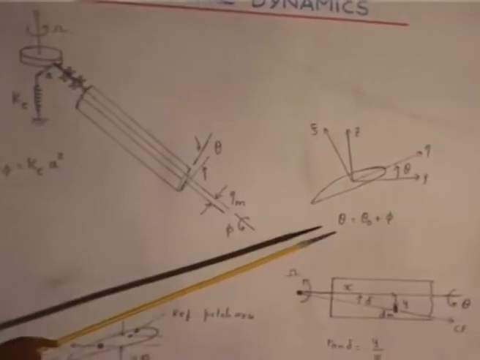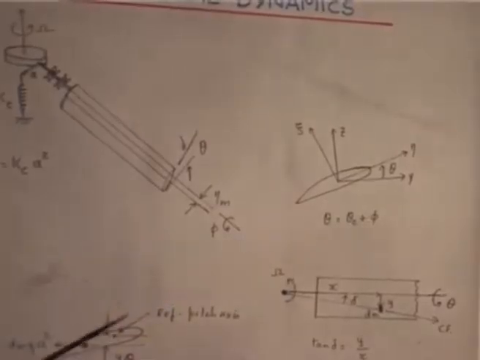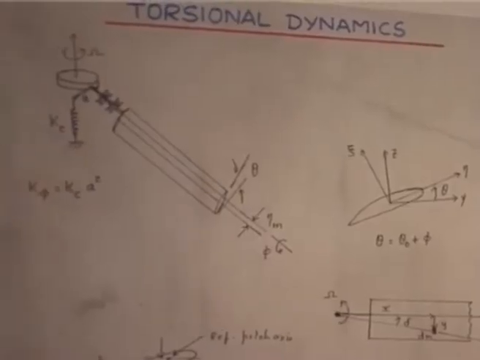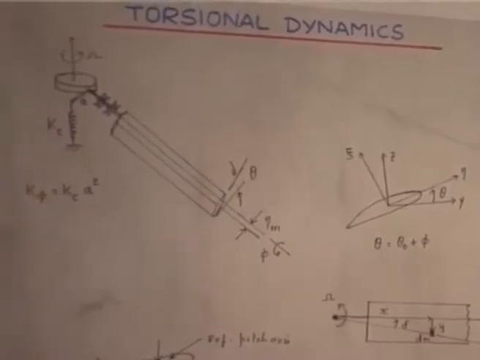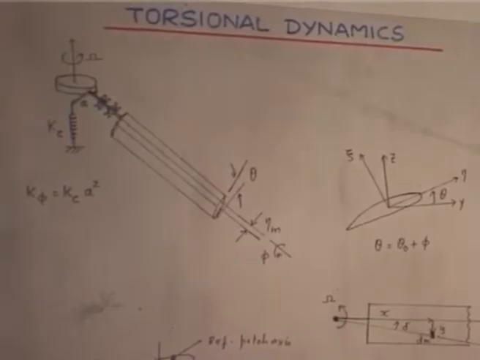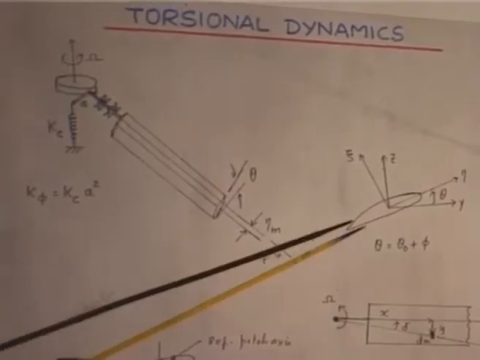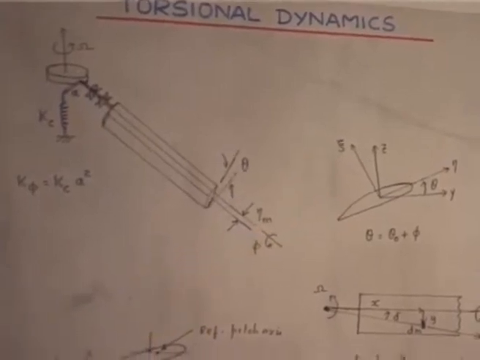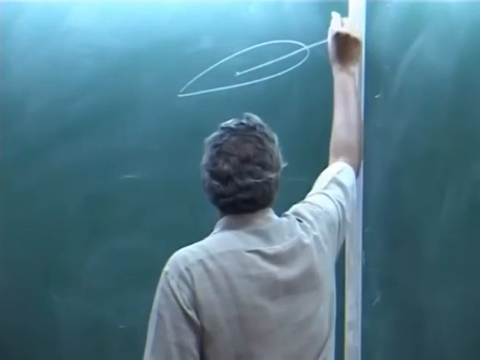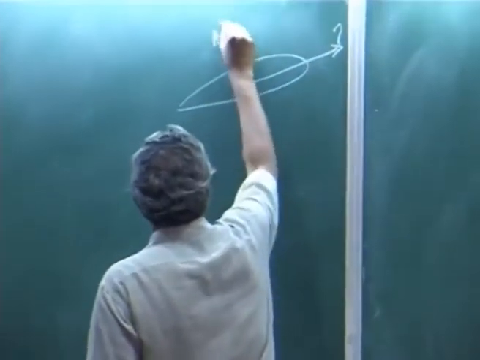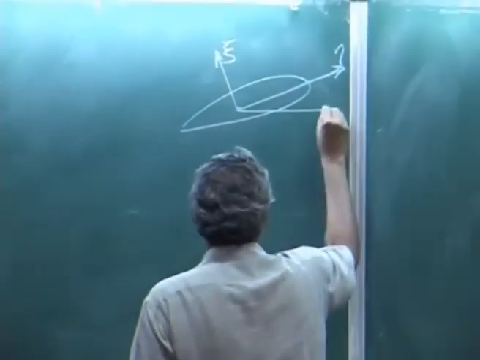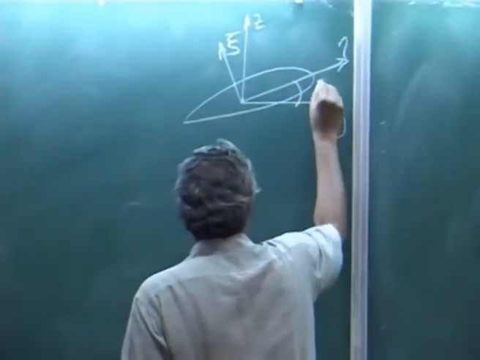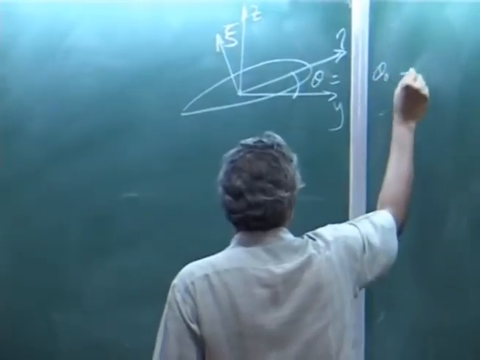Okay, so I have added a phi. Theta naught is what was originally set; theta naught depends on where that position is. Okay, and then there is a torsional spring. So you take any point on the cross section, which is your eta, this is your xi, and this is your y, and this is your z, and this angle is theta naught plus phi.